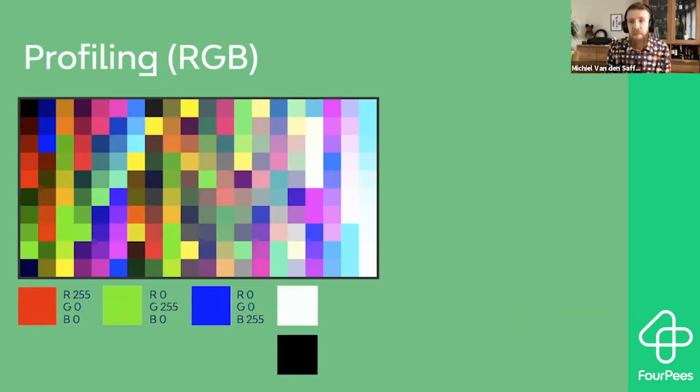So we need to know what is the maximum amount of red, green, and blue we can generate using that machine. So we have a patch for full red, full green, full blue, and nothing else. We also need to know our white and our black points. So we have those as well. And then we have patches for a lot of colors in between. Depending on how many patches you make, you'll have more information that you can use.